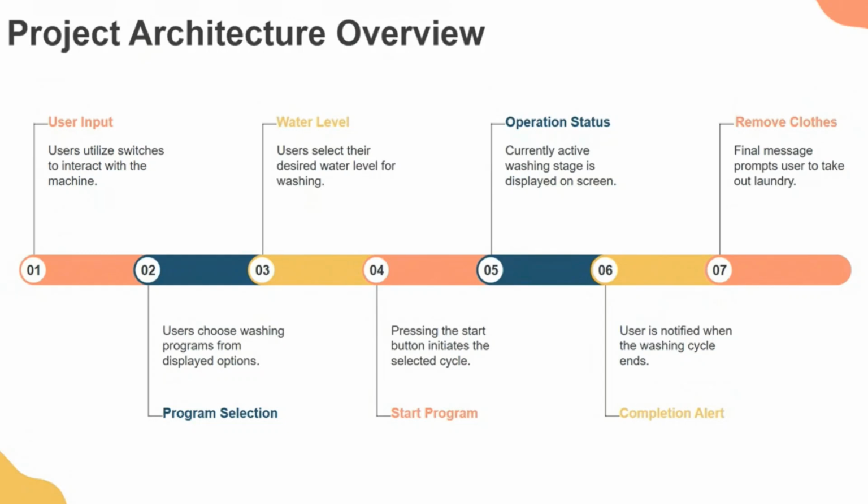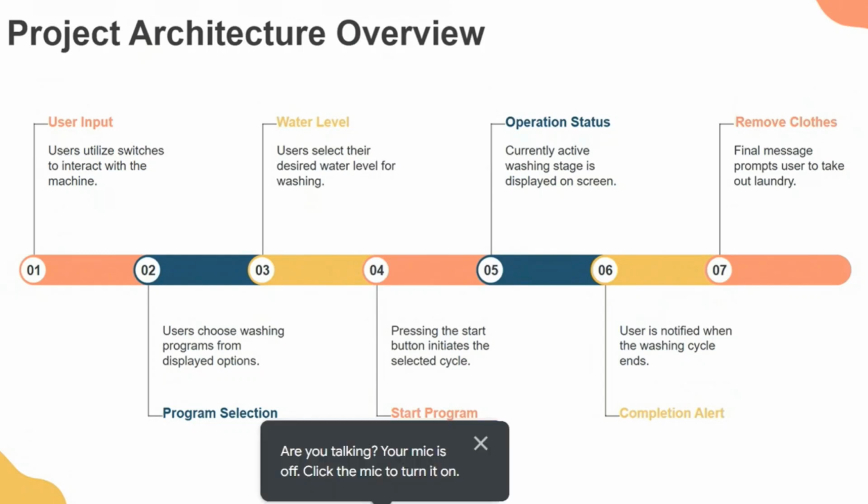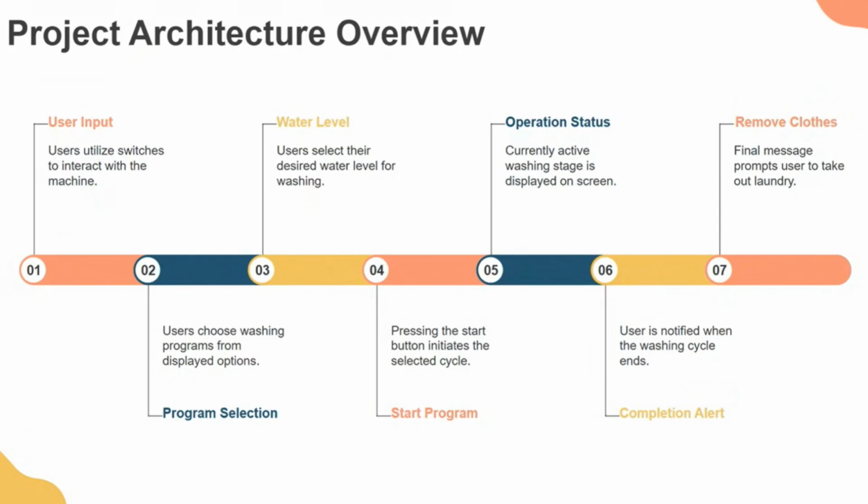There are seven stages: user input, program selection, water level, start program, operation status, completion alert, remove clothes. In this, the user gives an input with tactile switches. Program selection is displayed. We have to choose from the displayed options. Water level is set as desired.